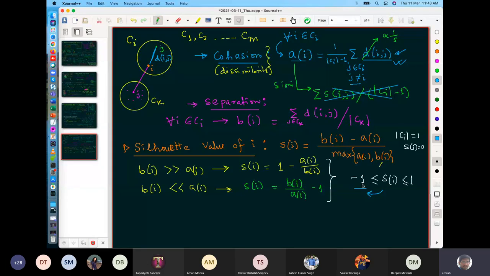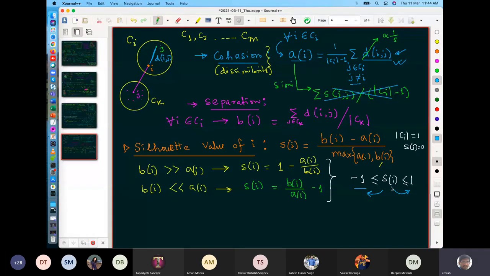So towards -1 means your clustering is not that good for point i. Whereas if b_i is very high and a_i is less, that is desirable, because b_i is the factor that separates a_i from the other class. So if it is on this side, your i-th point is in a well-shaped cluster, in the proper cluster.